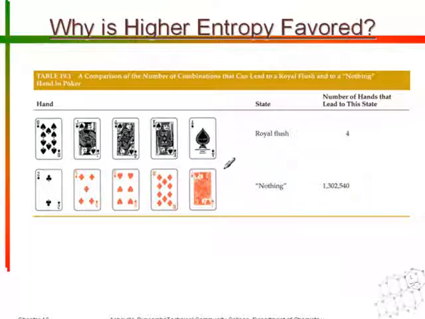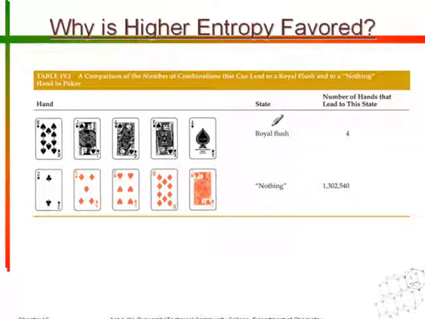Well, if you're familiar with the game of poker, or you're an avid follower of the World Series of Poker, or whatever they call it on television these days, you should recognize these two particular hands that are listed on the slide here.